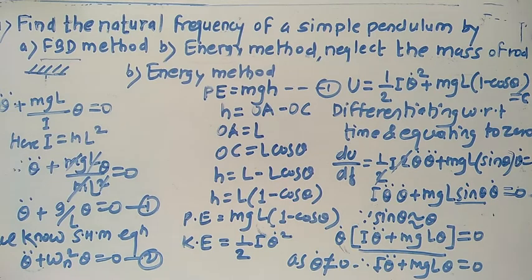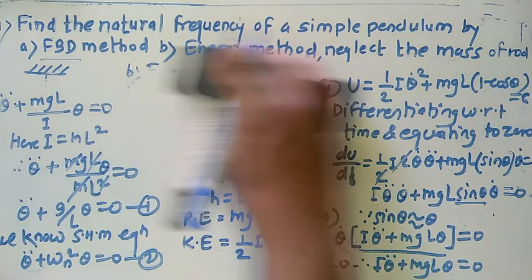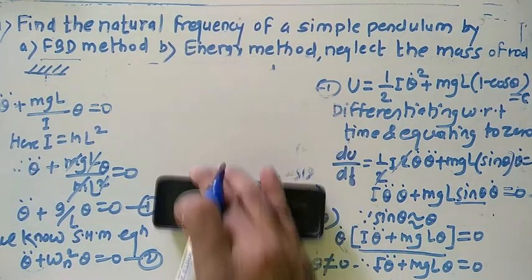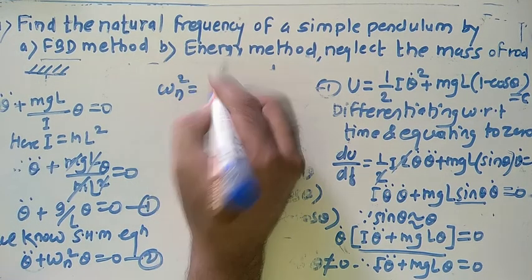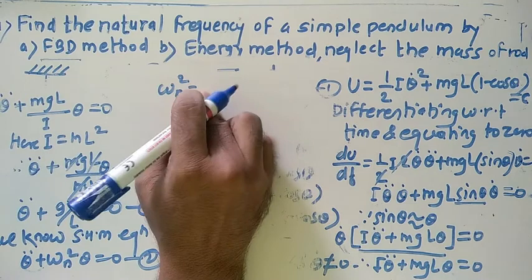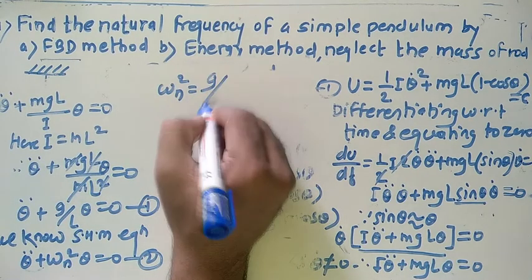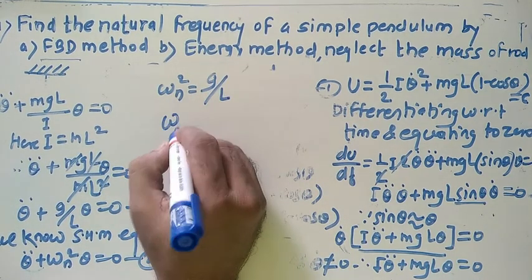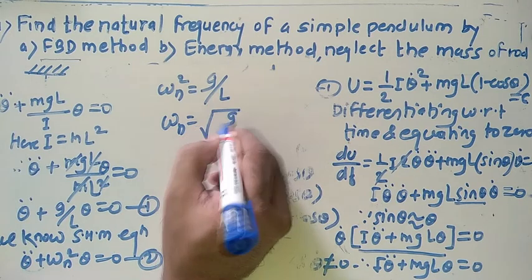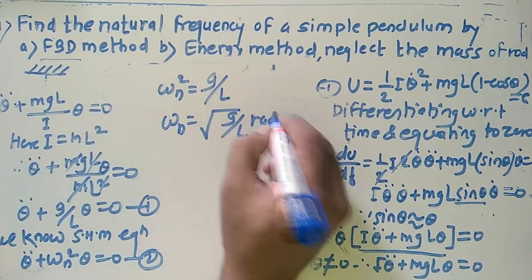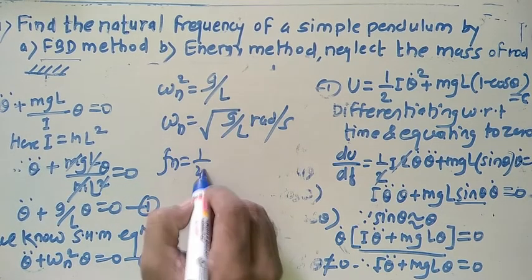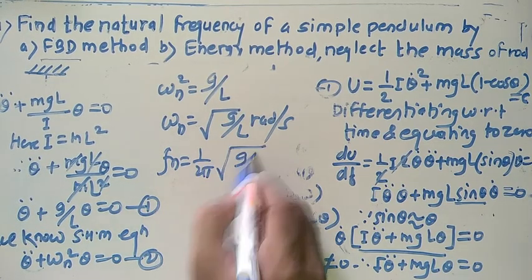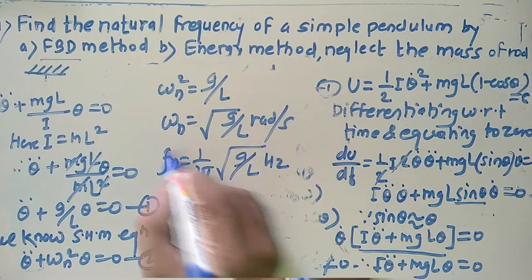So comparing equation number 1 and equation number 2, what do we get here? Omega n square equals g divided by L. Further, omega n equals square root of g divided by L in terms of radian per second. And in terms of hertz, we can get 1 upon 2 pi square root of g divided by L.